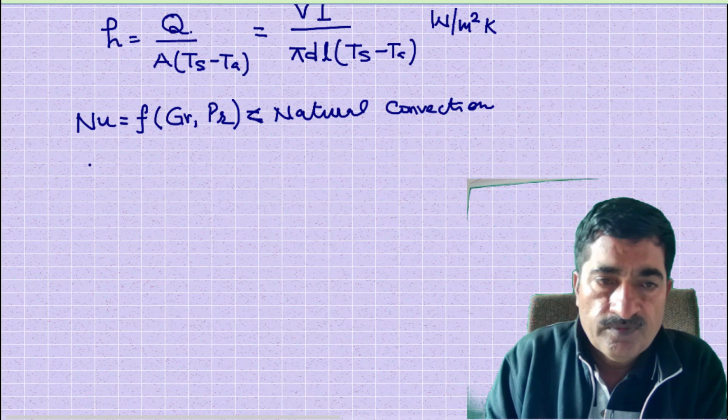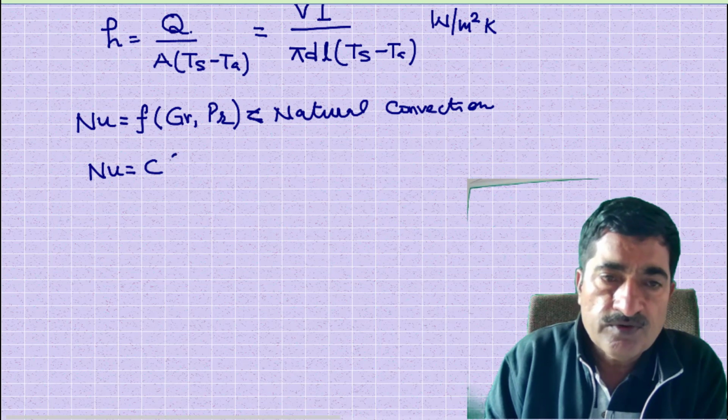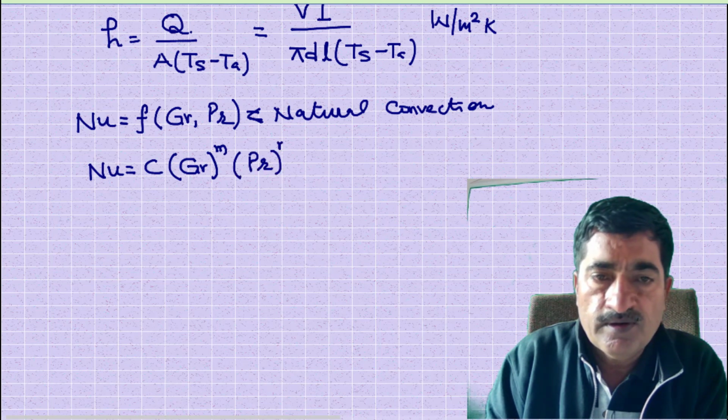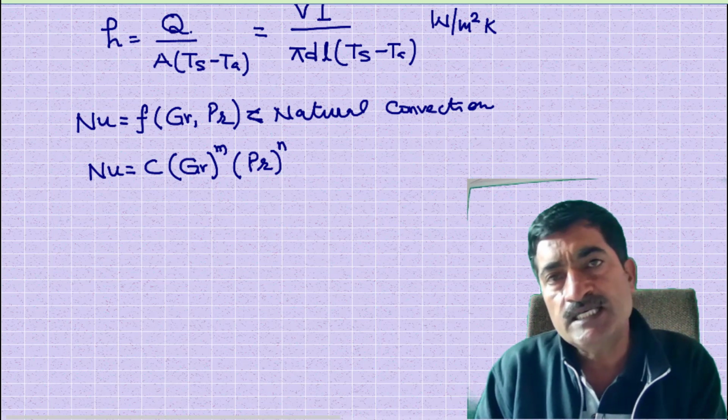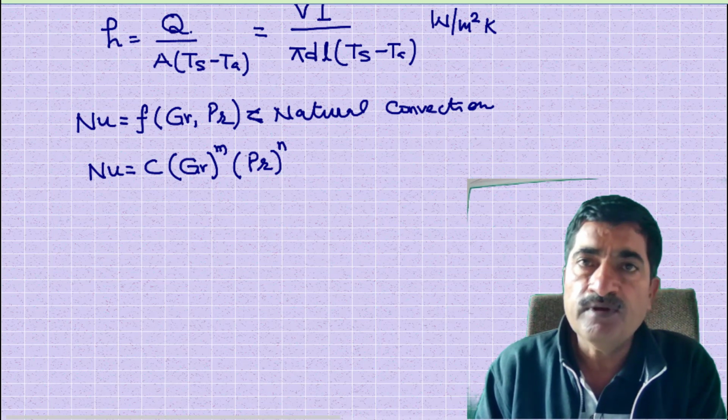Nusselt number is equal to constant into Grashof number power m into Prandtl number power n, where c, m and n are constants, and they are found by experiment.